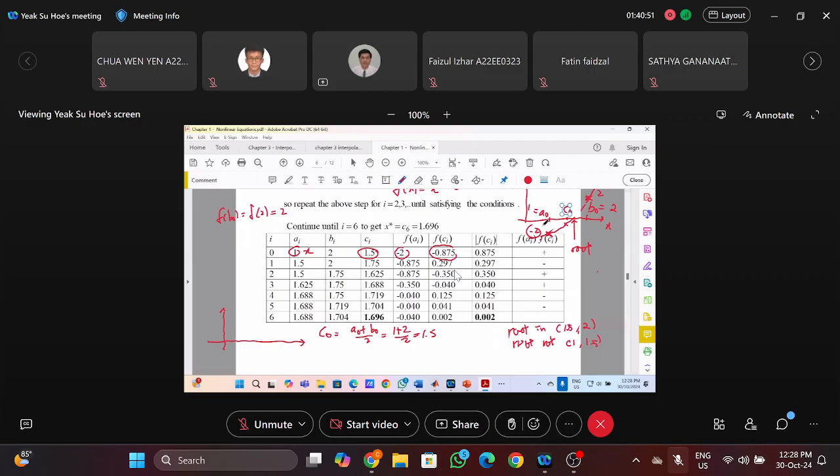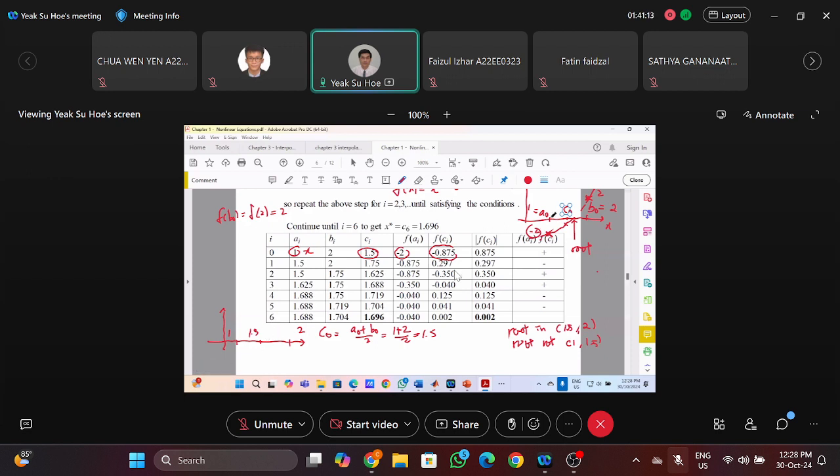Initially, we start from 1, 2, but now no more. This is 1, this is 2, but now we take half. We are not talking about this, we are talking about 1.5 to 2. Because here, 1 to 1.5, no roots. The root is 1.5 to 2. So we take this region.